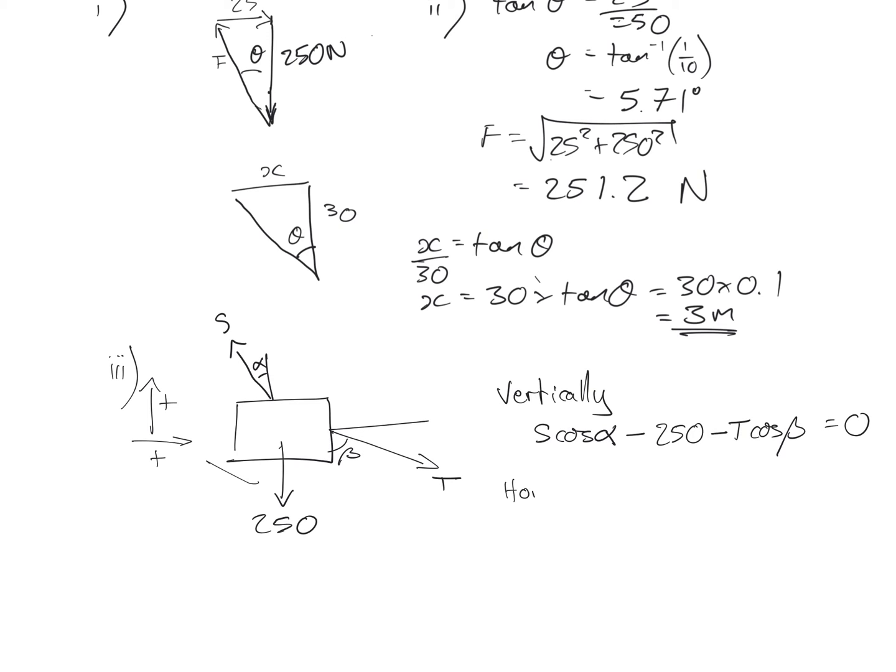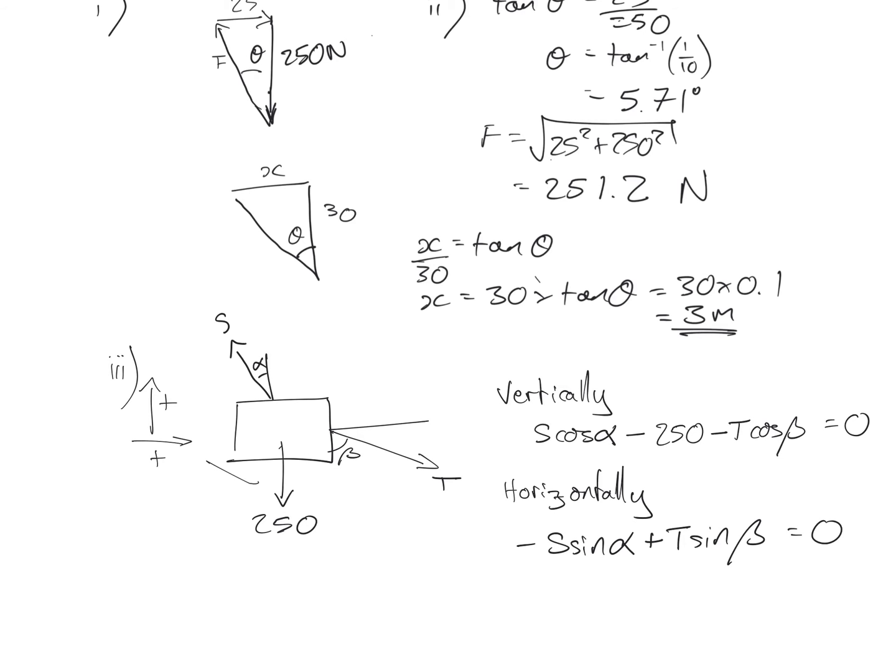And horizontally, we've got S sine alpha minus T sine beta equals 0. I just checked that I've got one cos and one sine and one cos and one sine. Yep, all good.